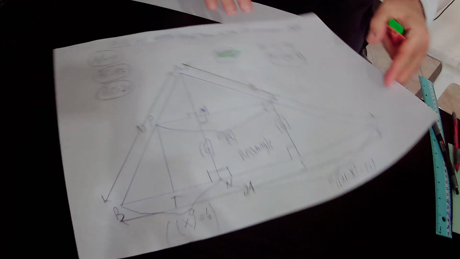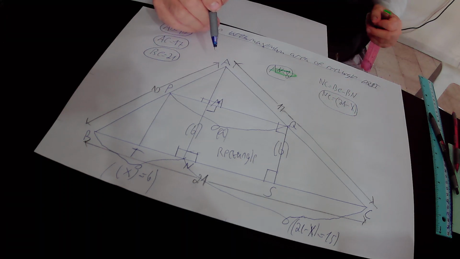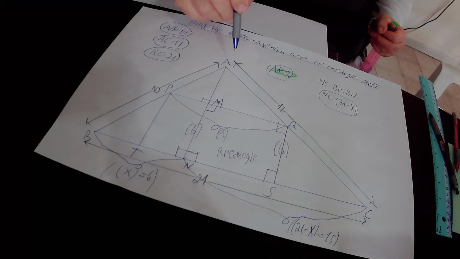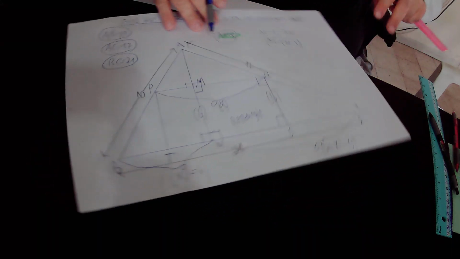What is the length of line segment AM? From the drawing, it is very easy to see that AM equals AN minus MN. Again, AM equals AN minus MN. So I write it down.